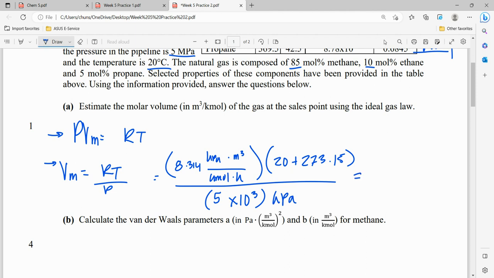So then this makes our molar volume equal to 0.487 per kilomole.